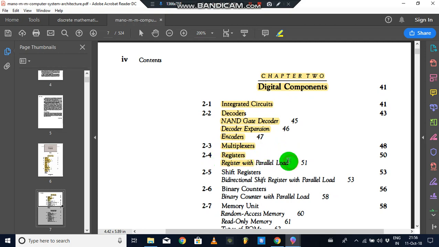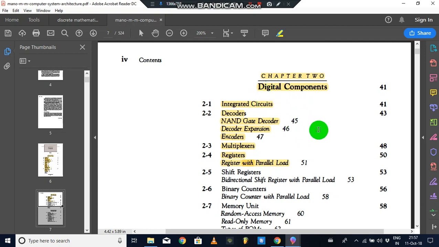Register with parallel load, like we have seen 4-bit, 8-bit, 16-bit, 32-bit, 64-bit, but we don't know what its role is in our computer configuration.